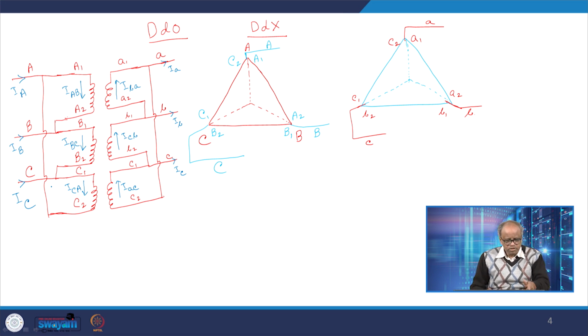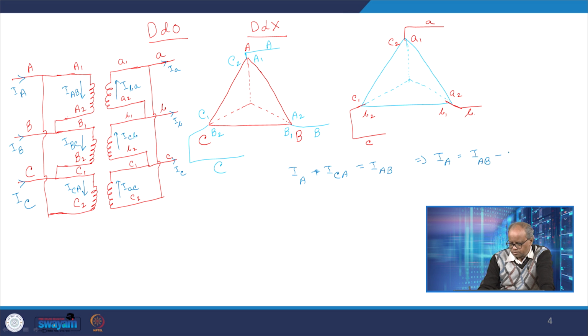Now from this connection, what can I write about IA? I can write down that IA plus ICA is equal to IAB. So therefore IA is equal to IAB minus ICA.